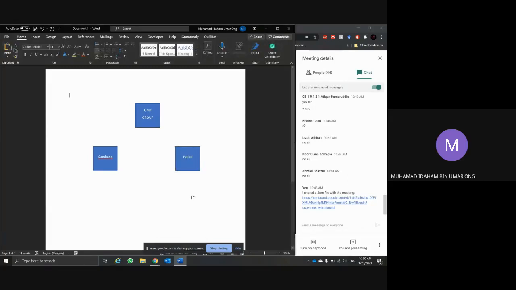Now we have 2 different locations. There are some departments in Gambang and some departments in Pekan. Now, we will move on to the next item. I'm going to ask someone for input. In Gambang, if you're going to put another breakdown of the organization structure.